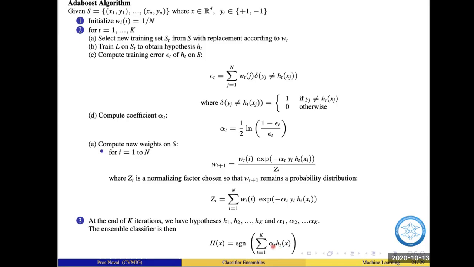You multiply their results by alpha t. So each one will have a particular alpha. Sum them up, check the sign. If the sign is negative, then classify it as negative 1. If the sign is positive, then classify it as positive 1. If it is 0, well, very small probability that it will be 0. But anyway, if it is exactly 0, then you just toss a coin. So it could be 0 or 1, it's up to you.